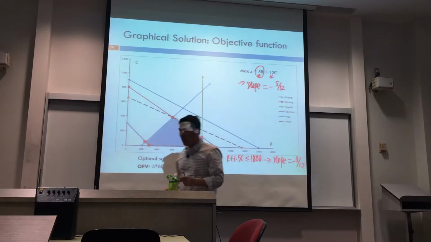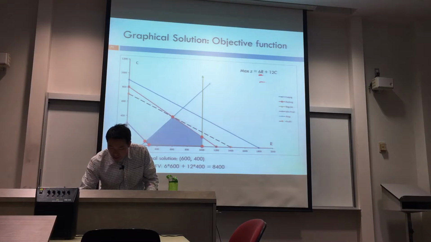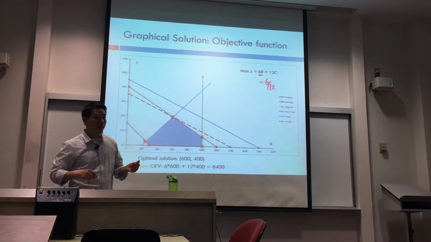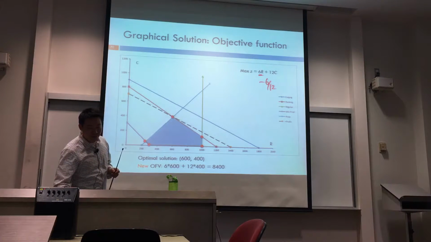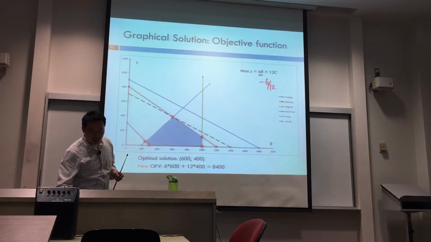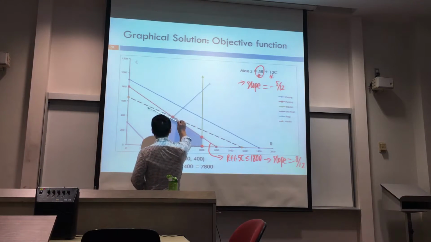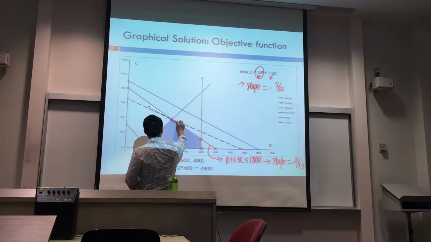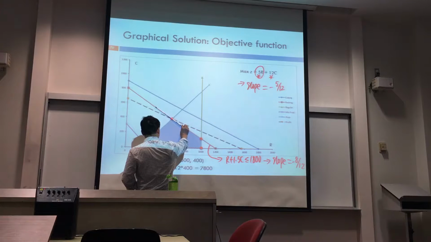So if you make it 6, and this becomes minus 6/12, the slope is still going to be flatter than this one, right? So if you move this one to 6, it's somewhere here, okay? If you move 7, still here. But if you move 8, then the objective function line is going to overlap with the constraint here, right?